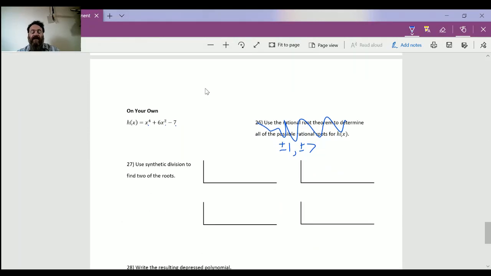Now, if you were looking at something like this, and this is just as an aside, this is in a factored-of-sorts form. If you were to multiply it out, you would end up taking the x and the x, multiplying together, and you get x squared. So you're going to have a degree of 2, meaning you'll have 2 roots.